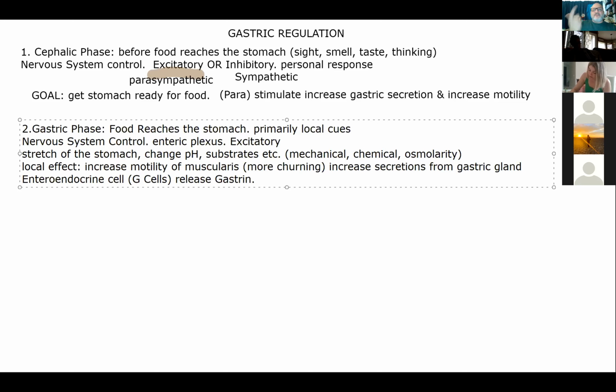Gastrin, remember, is a circulating hormone that affects the stomach. So notice in this case, it is nervous system control and hormonal control. Our enteric plexus, which is excitatory, and gastrin, which remember is also excitatory.